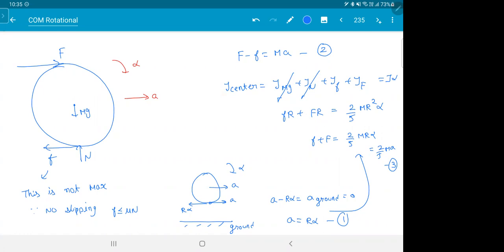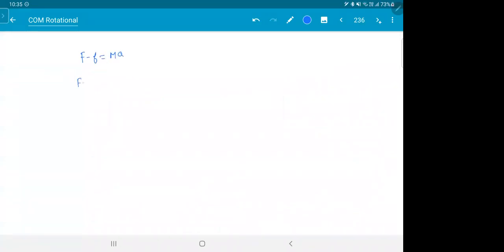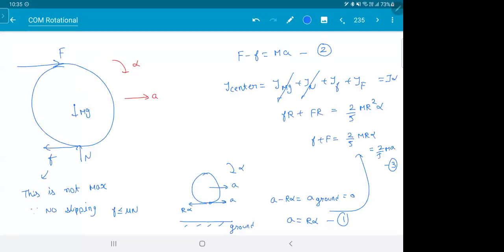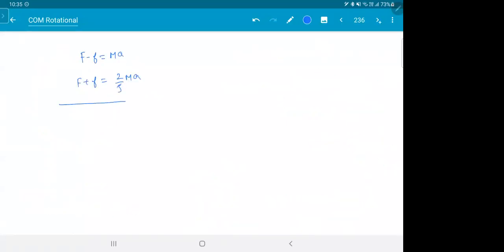Clear with this? Copied? Turning the page. F minus f is ma. F plus f is 2 by 5 ma. The two equations, no? Add them. 2F will be 7 by 5 ma.